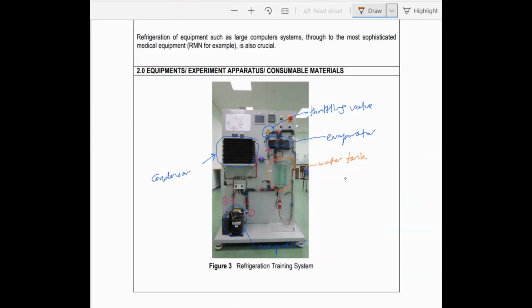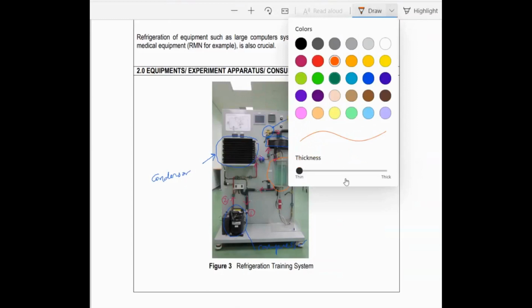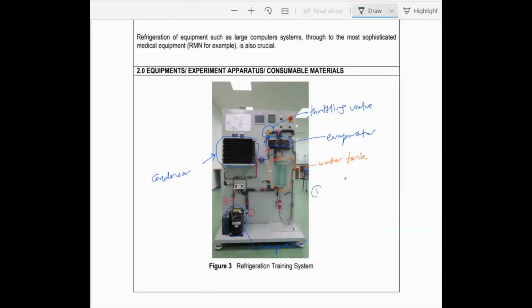You can see here there are several sensors. Number 1 is the pressure sensor, and then we have temperature sensors at certain points.